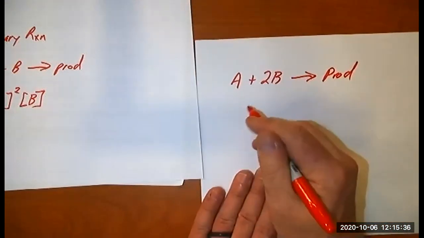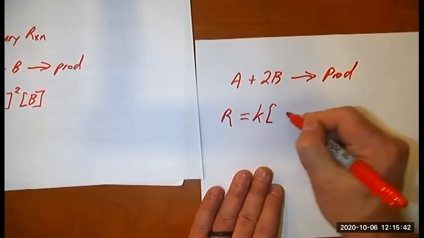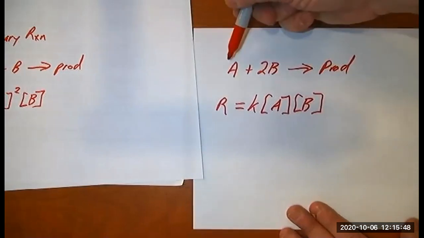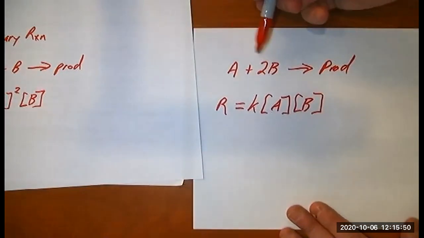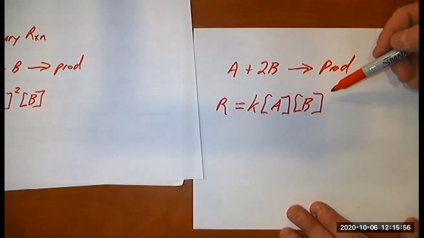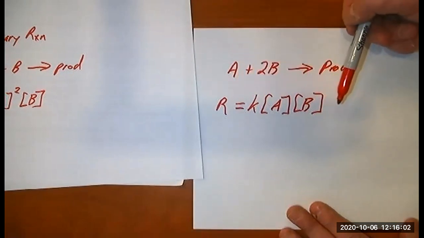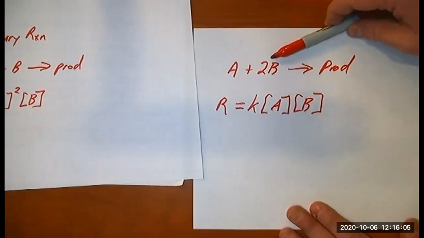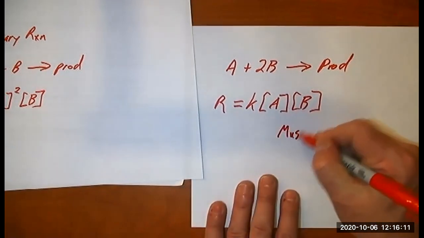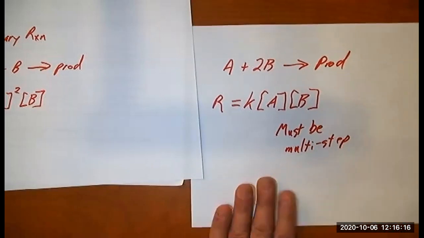If you experimentally measure the rate law and find that the rate law does not match the molecularity of the reaction, so that here, if it were an elementary reaction, we would expect the B to be squared, if experimentally the rate law that you get does not match the stoichiometric coefficients, then the reaction must be multi-step.